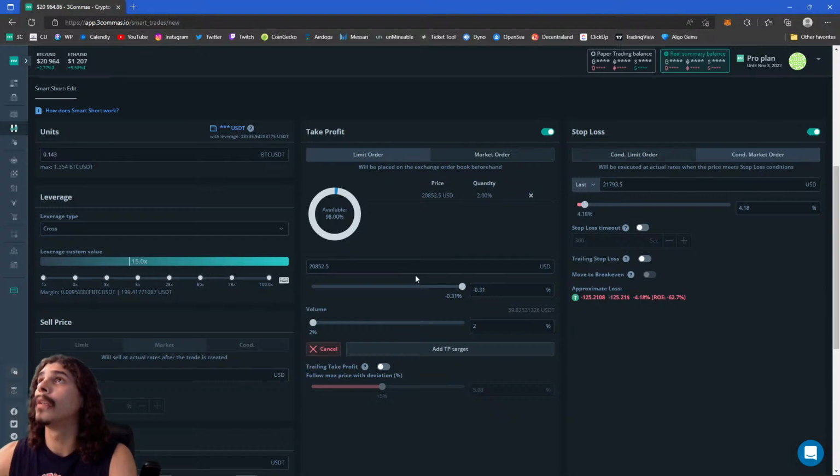So there's TP1. I'm going to set up 20726.5. And then we'll do that again. Now here you can see I can move to break even. So every time we knock out one of these TP goals, stop loss is automatically going to move to that TP goal. Now it looks like I've got my third TP here.